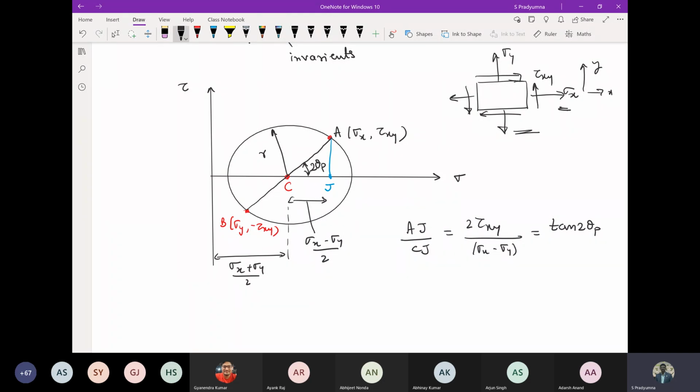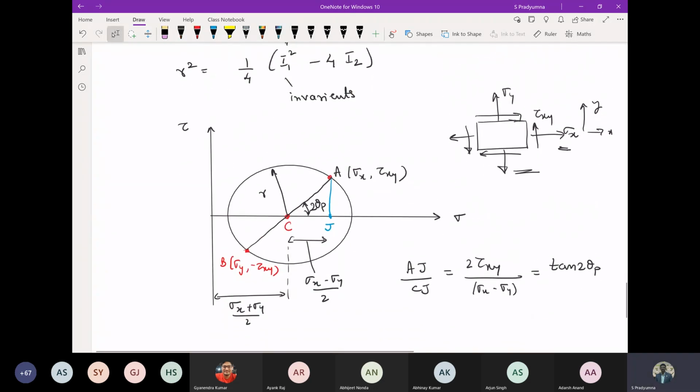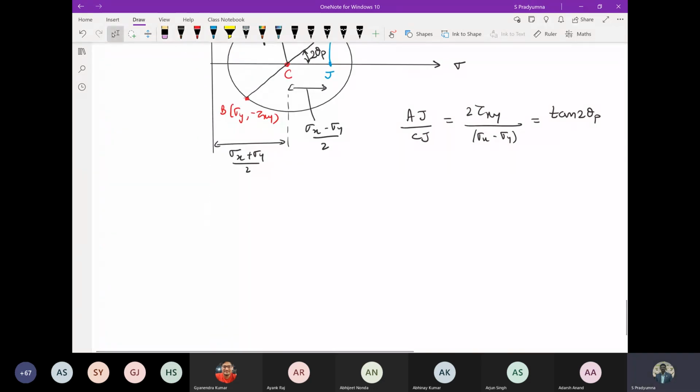Now, what will happen? Let me write it again. Let's say this is the element I have, with sigma x, tau xy, sigma y.